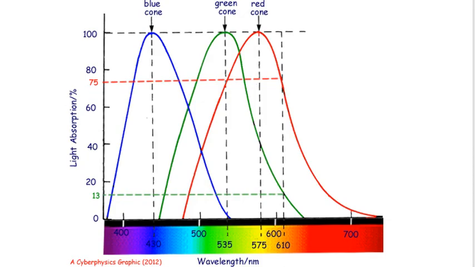Here's what I mean when I say green through red. You've seen that green has a median of 535 and red goes to 575. So all these colors in between, they can't distinguish them. They can distinguish some form of greenish, bluish, and some of reddish, orangish, but not a true red or a true green and everything in between.